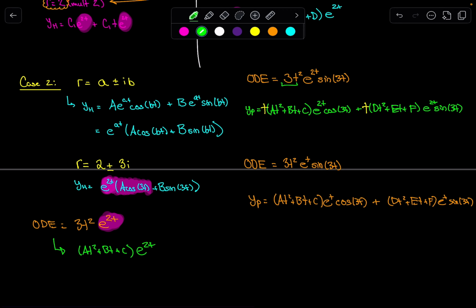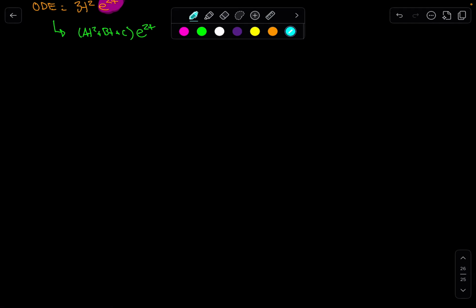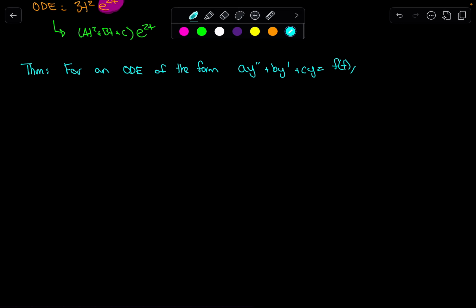Well, surprise, it turns out that, theorem: for an ODE of the form ay double prime plus by prime plus cy is equal to some function of t, the general solution is denoted y sub g, and it is a result of taking the homogeneous solution and adding it to the particular solution.